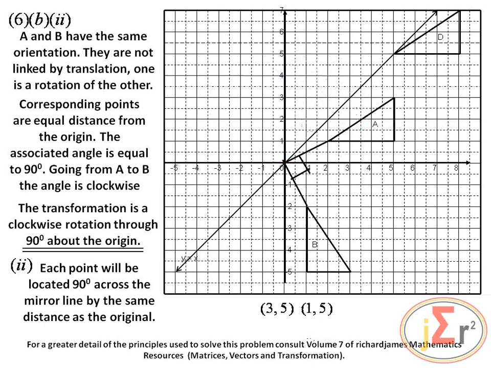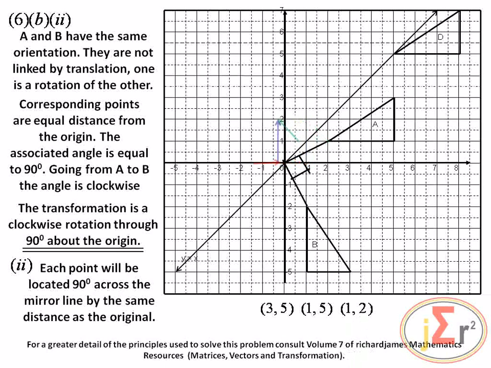Then the other point will go perpendicular again. We go across the mirror line, traveling perpendicular to the mirror line and the same distance from the mirror line as the original point. And we have 1 unit in the positive x and 2 units in the positive y. So we have (1, 2).